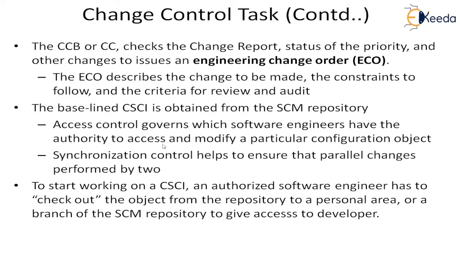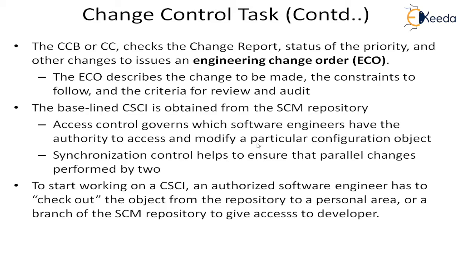So the software engineers will identify which objects will go under change to satisfy this change order, and they will use the access control mechanism in the SCM system to access those objects and modify that particular object.